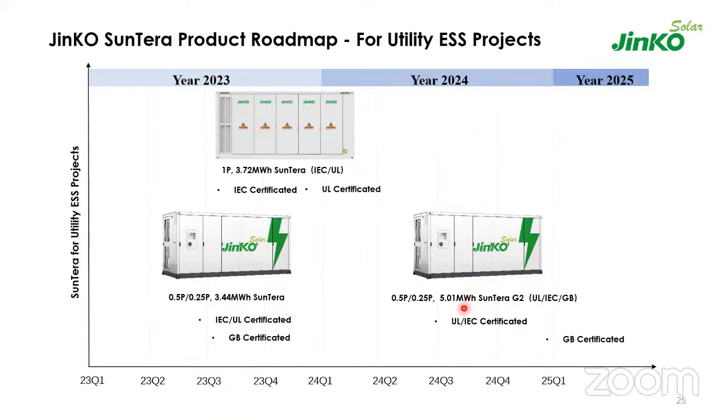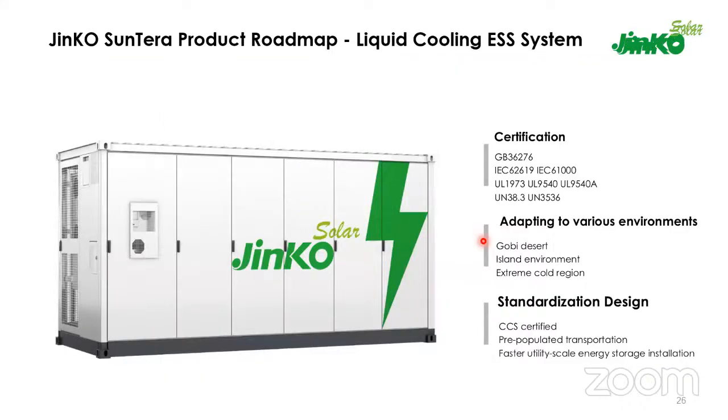As of now it stands at 3.44, and it can even reach 3.72 megawatt hours in Q4 of 2023 and the start of Q1 2024. From mid Q2 onwards till Q1 of 2025, you could see the 5 megawatt hour SunTerra solution coming in a single 20 feet container.